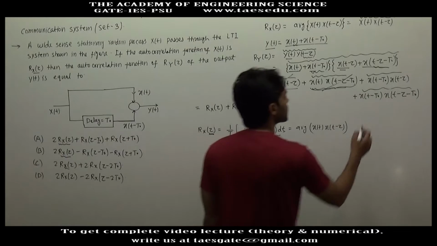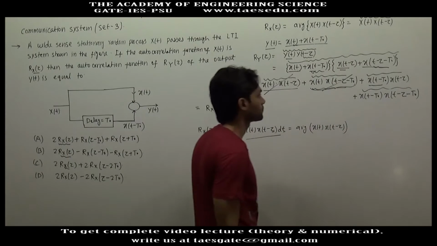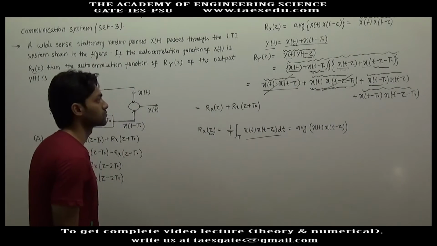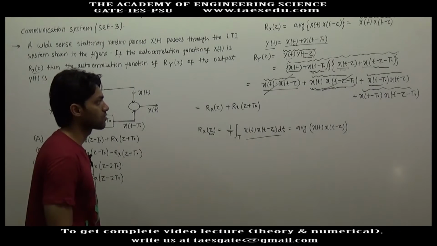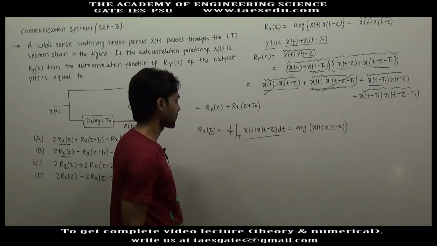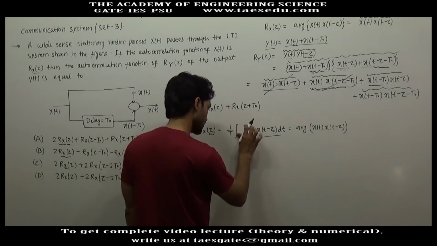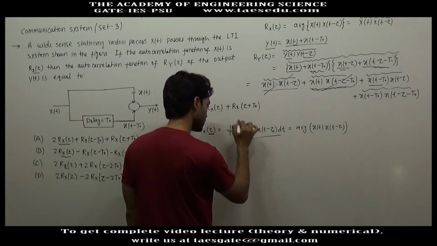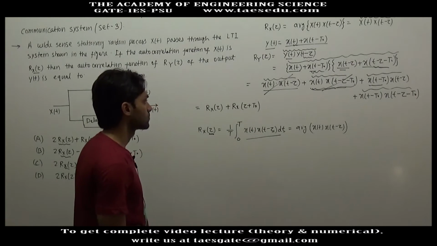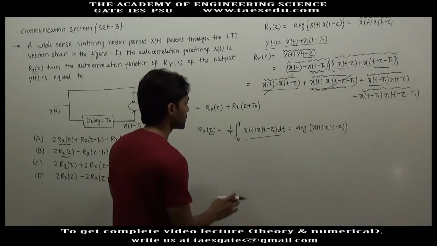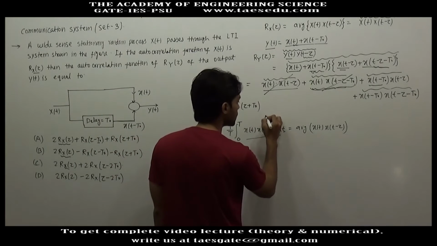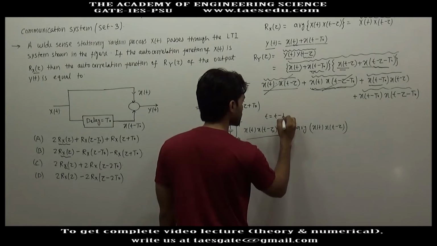Now we have to take the average of this quantity. So again we will use this expression. Let us put the limit from 0 to T, and in this expression substitute t equal to t dash minus t naught.